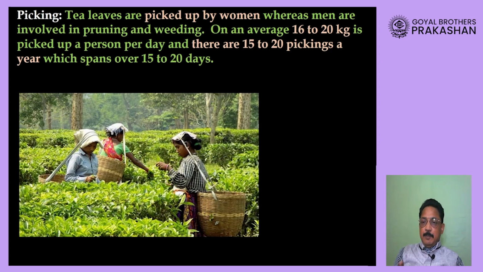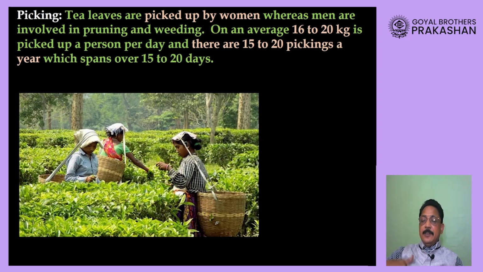Generally, the plucking process, dear student, goes on for a period of about 15 to 20 days. That means suppose I start plucking the tea leaves today, I will keep on plucking for the next 15 to 20 days. Then we will stop because the tea leaves will be over.